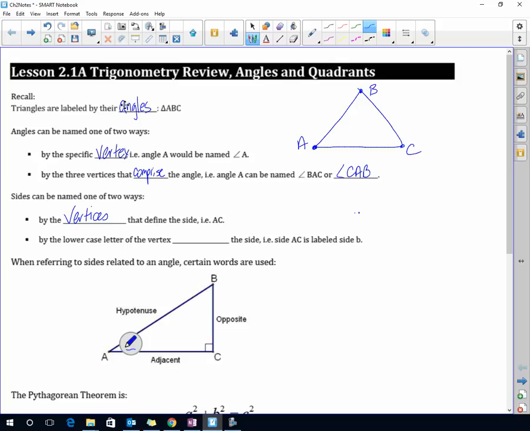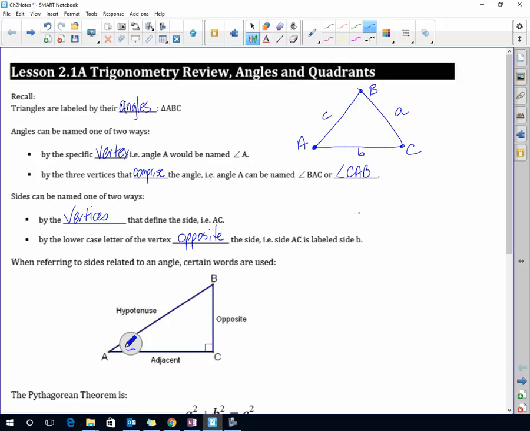So AC would be labeled little b. Opposite A would be little a for side BC, and opposite angle C is side AB, which would be labeled little c. So, specific words can be used when we're talking about triangles, specifically right triangles.